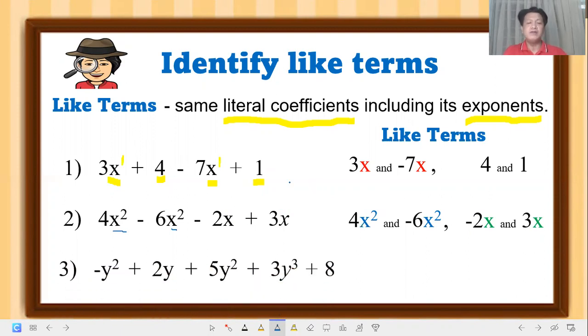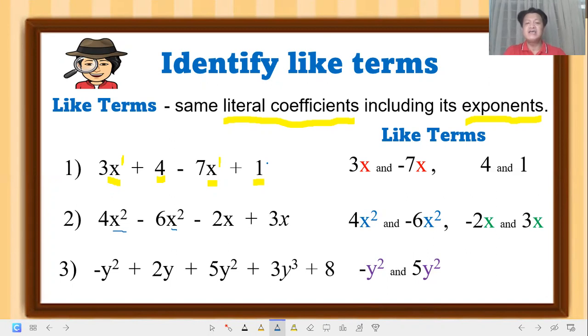Okay, we have number 3, negative y squared plus 2y plus 5y squared plus 3y cubed plus 8. So una natin titignan yung kanilang literal coefficient tapos sunod yung exponent. So meaning to say, meron diyang second degree, merong third degree. So ibig sabihin yan at may first degree din yung y, di ba? So ibig sabihin, ang like terms lang natin dyan ay negative y squared and 5y squared.